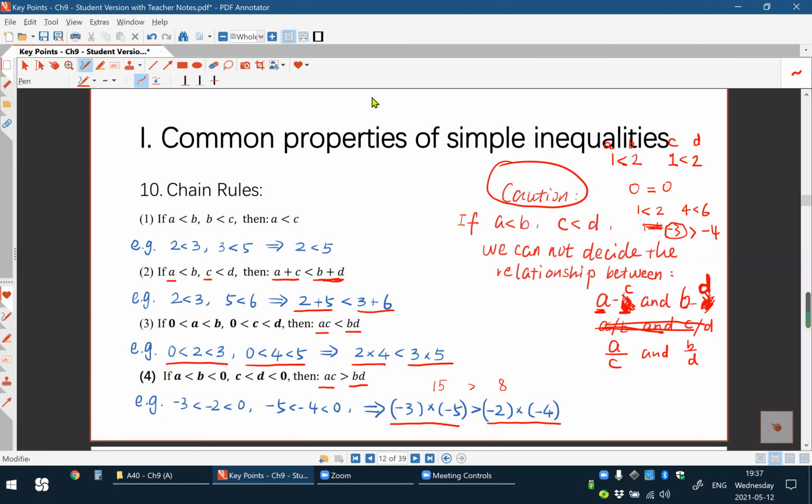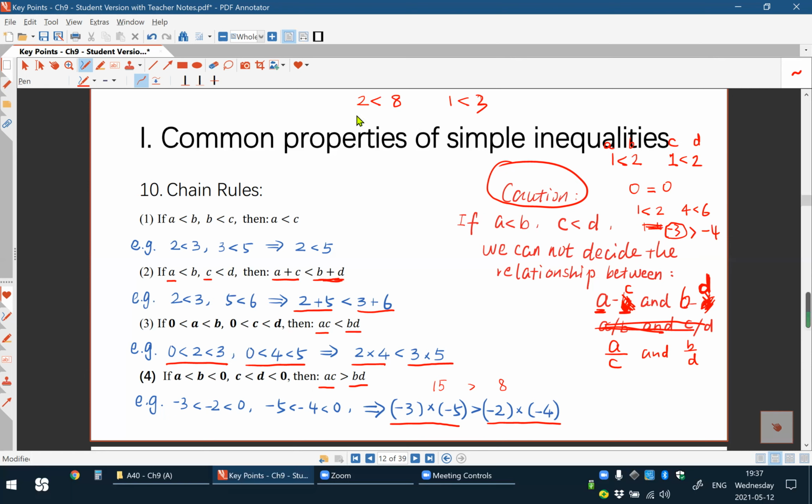Also, we can have, for example, 2 is smaller than 8, and 1 is smaller than 2, how about 3?